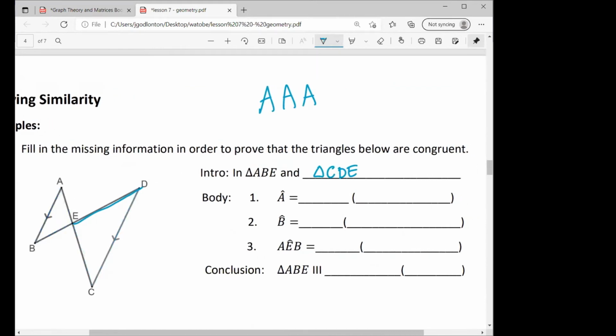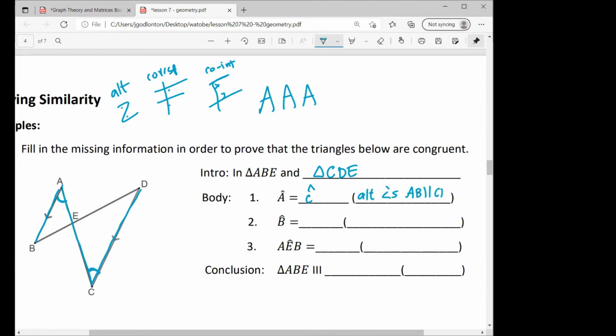The next important thing for us to notice is that we have got parallel lines. When we have parallel lines, we need to think: we have alt angles, which is our Z, corresponding angles, which is our F, and co-interior angles, which is our U. If I look here, I've got a Z. So I can say that angle A is equal to angle C because of alternate angles when AB is parallel to CD.